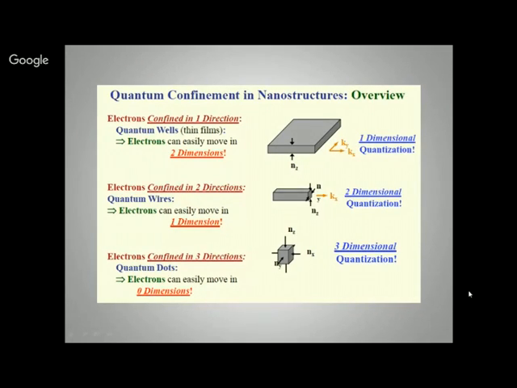They cannot move along y or z direction, so they are confined in two directions. If I remove the third dimension also, you have a dot. In that case the electrons cannot move in either direction. They get restricted, confined in all three directions. This phenomenon is very important and is known as quantum confinement.